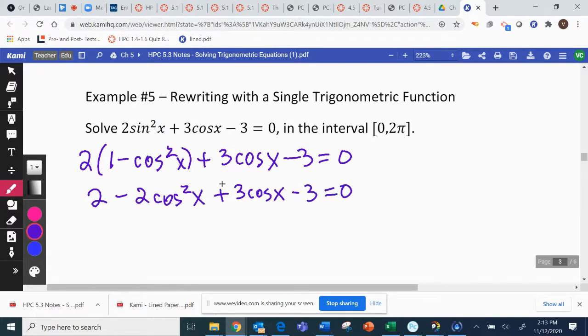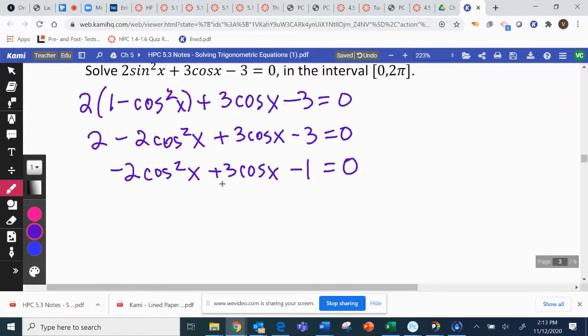I'm going to collect like terms. And once I have it in this kind of quadratic type form, I'm thinking I'm going to try to factor it. But because I'm going to try to factor it, that negative out front is driving me nuts. So I'm just going to divide both sides by -1. So I don't have to deal with it.